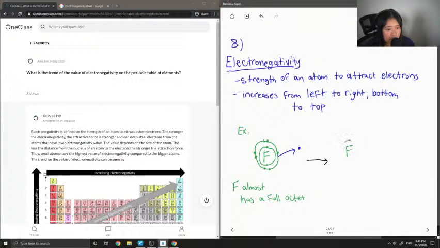So since fluorine really wants to gain an electron, this means that its electronegativity is a really high value.